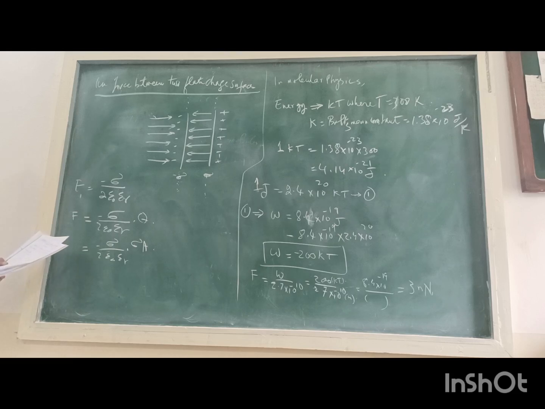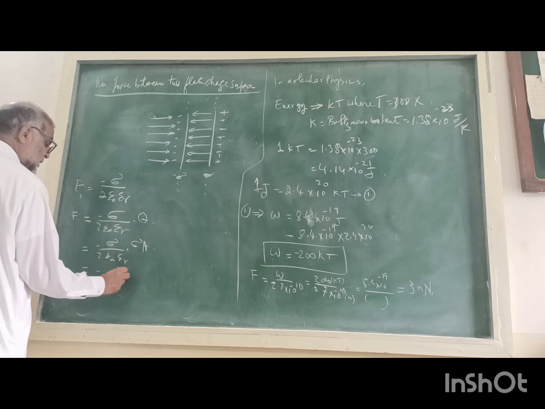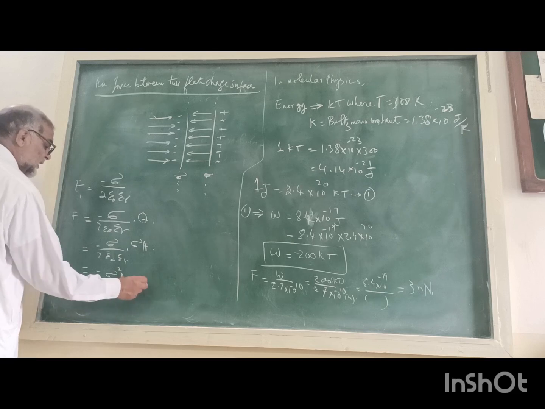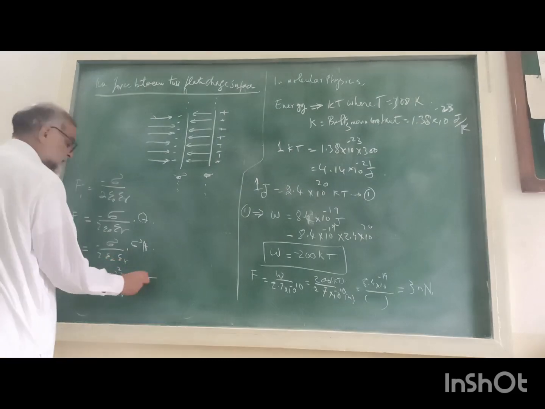So this comes out to be minus sigma squared A by 2 epsilon naught epsilon r. This is F.